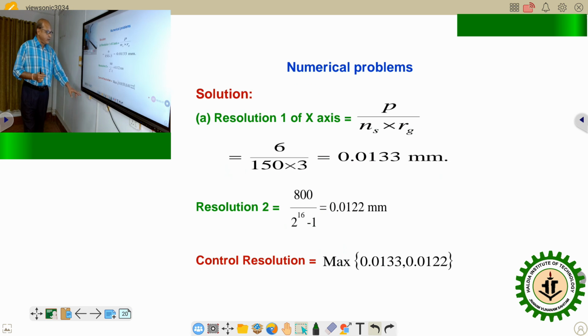So P by NS into RG will give you 0.0133 millimeter. And resolution 2, that is the microprocessor system, L by 2 to the power n minus 1, this much. Now you compare which one is maximum. The first two digits are the same, then 3. So the control resolution would be the maximum of these two, that is 0.0133.